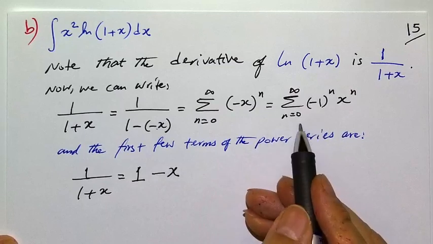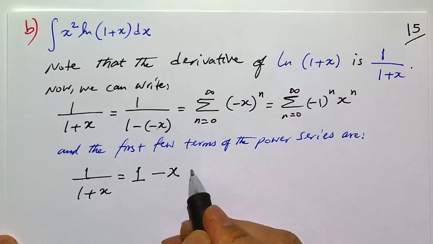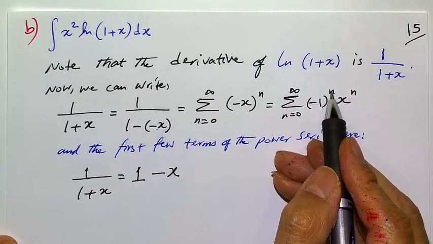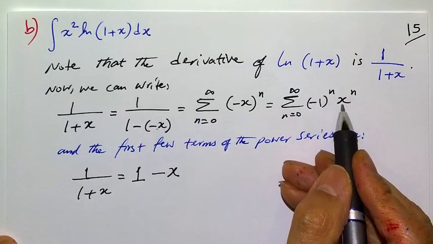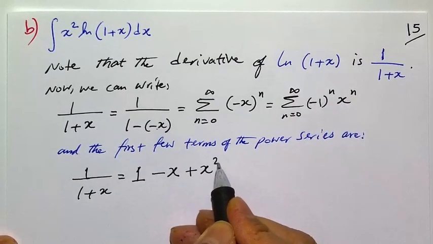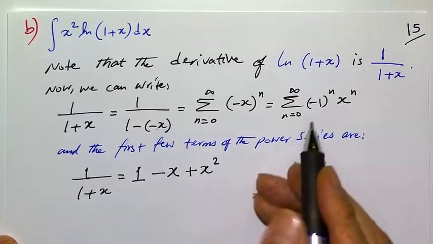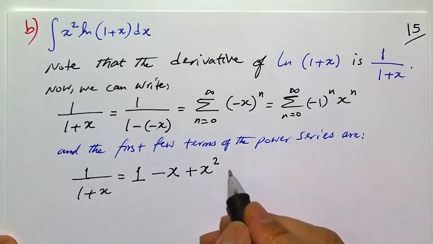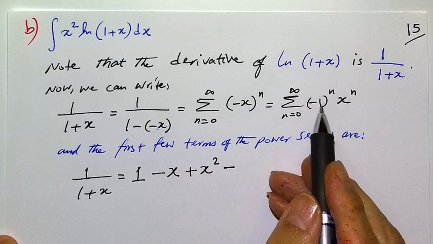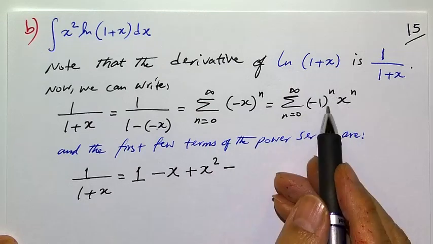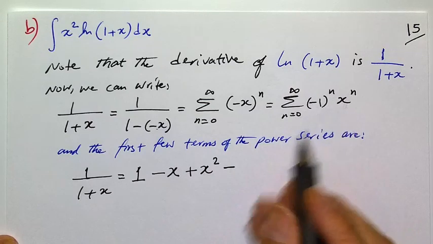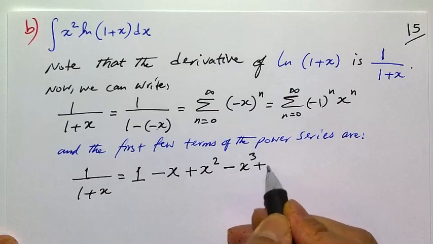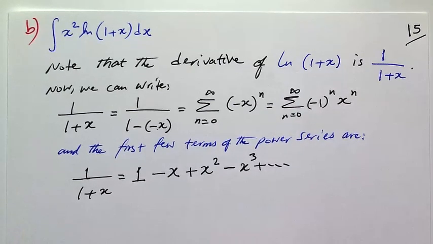Then for n equals 2, what do we get? Minus 1 squared is just 1, times x squared, so plus x squared. And for n equals 3, minus 1 cubed is just minus 1, so minus x cubed, and so on and so forth, right?